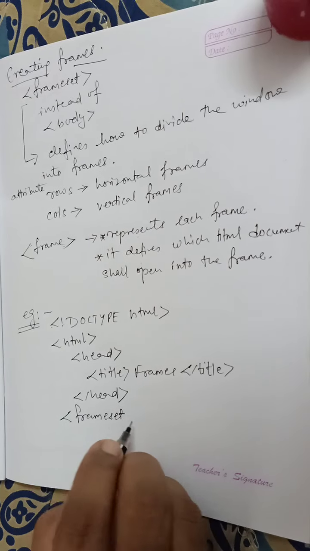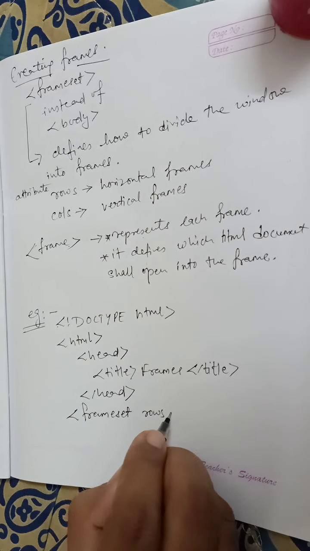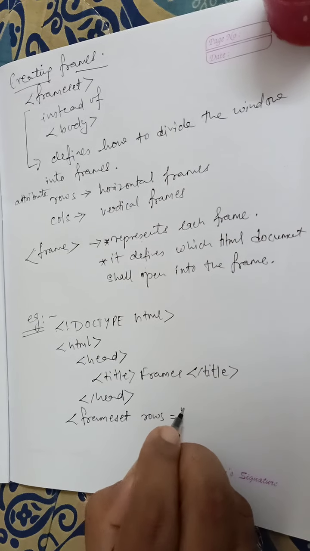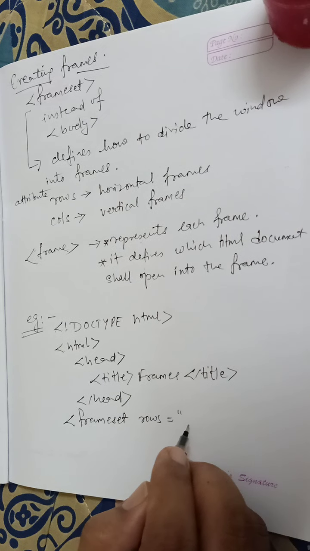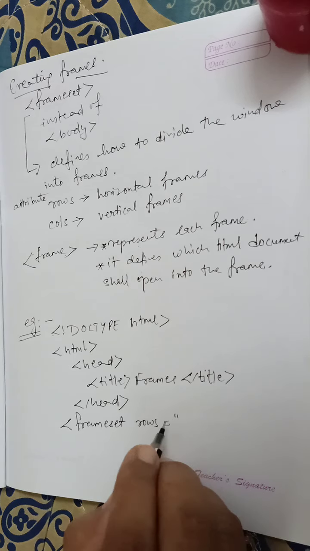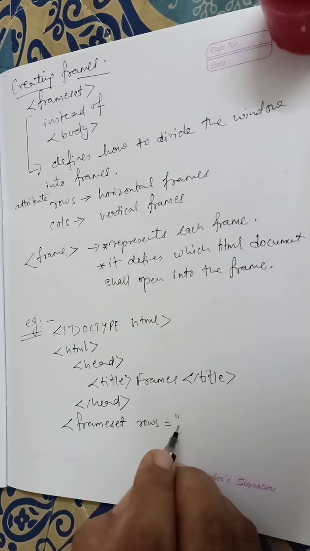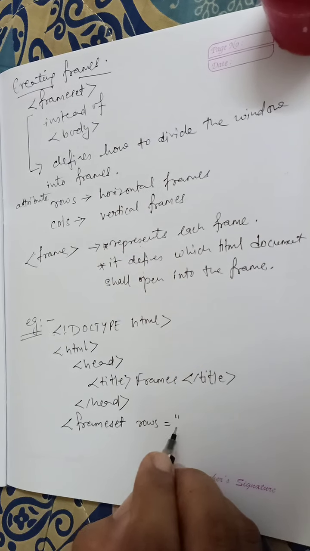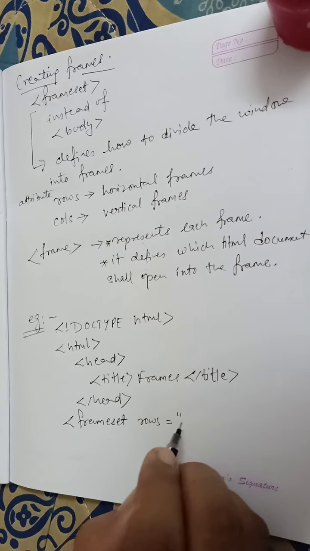Then starts my frameset tag. Here I will be mentioning the number of rows. Suppose I want to divide my total screen into 3 frames in a row-wise manner. So frames should appear row-wise, which is why I am writing rows here.